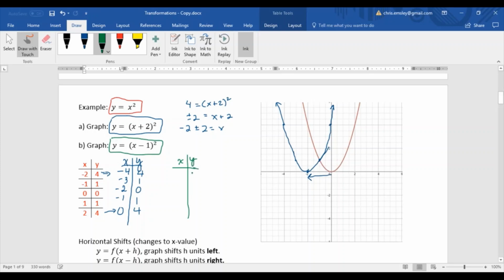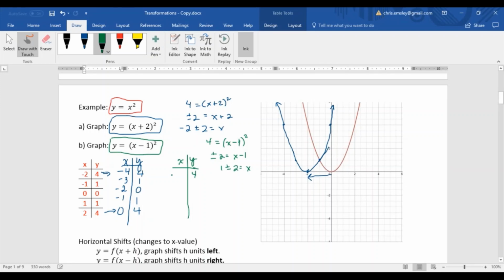Okay, same idea here. This time I want to shoot for my y values to stay the same, and maybe you're kind of understanding why here. So let's plug in a 4 in for y on this next function. Take the square root of both sides, and add 1.